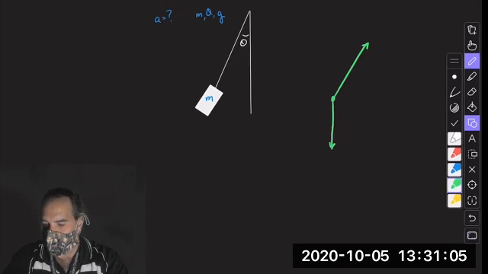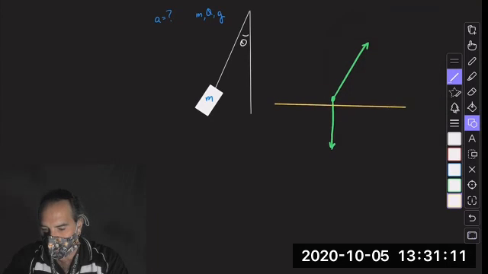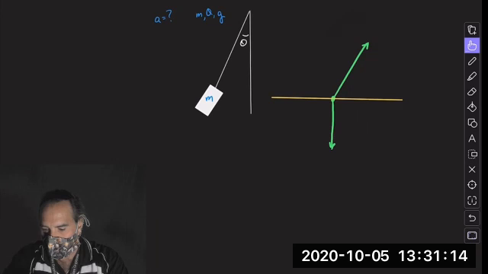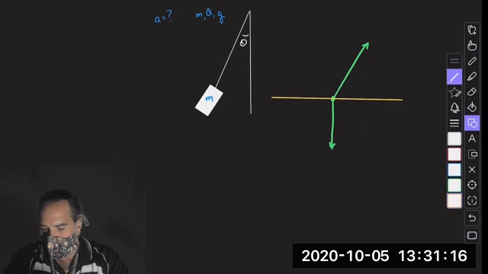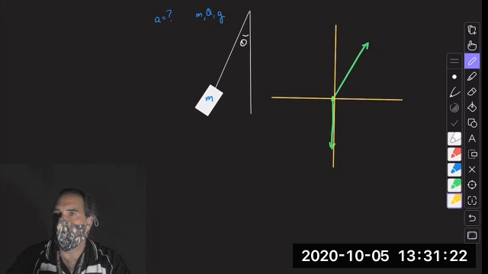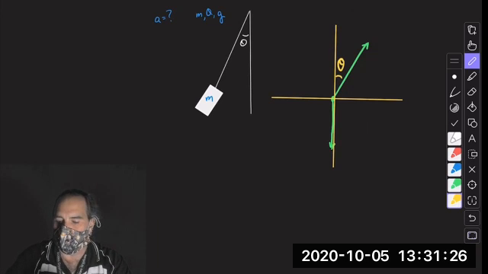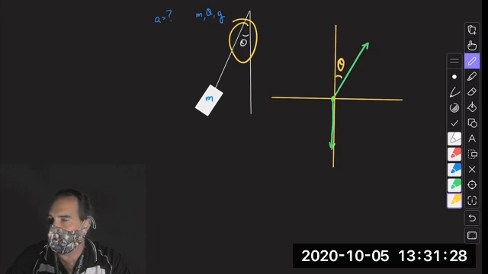So I'm going to set up my coordinate system in the direction I think the car is probably accelerating, this way, the horizontal. And therefore, the vertical will be the part of the tension that's balanced by the weight. I'm going to set this as my angle, theta, because it's got to be the same as the angle here, because they are vertical angles.